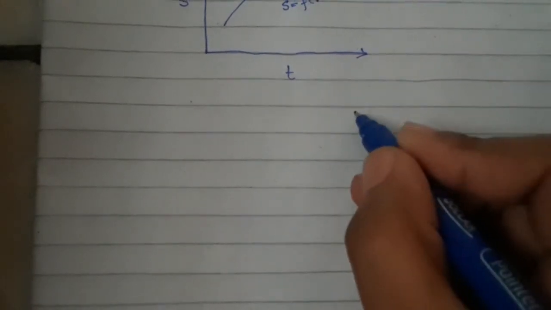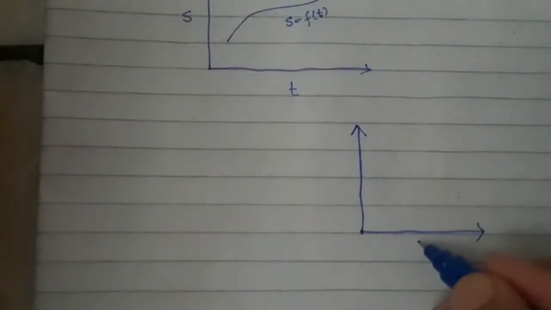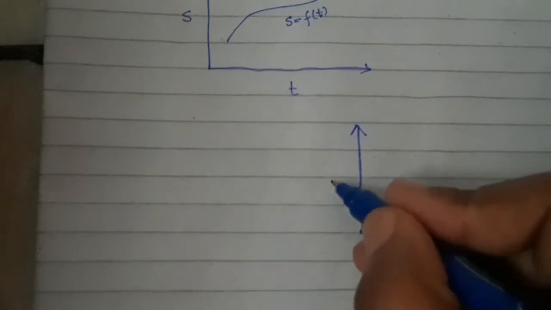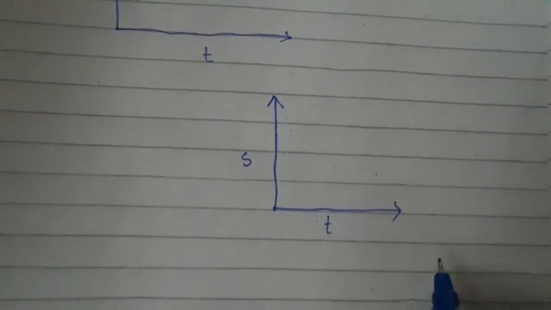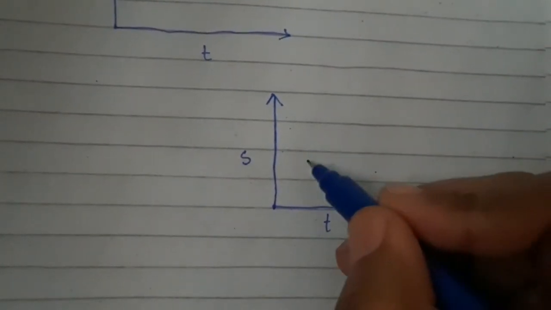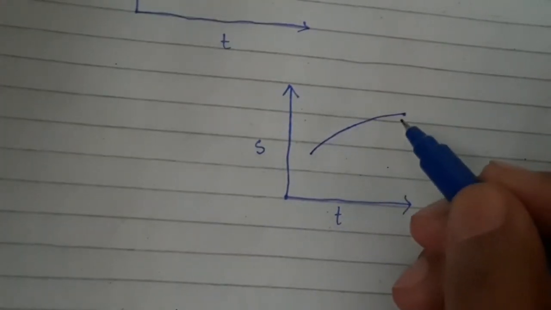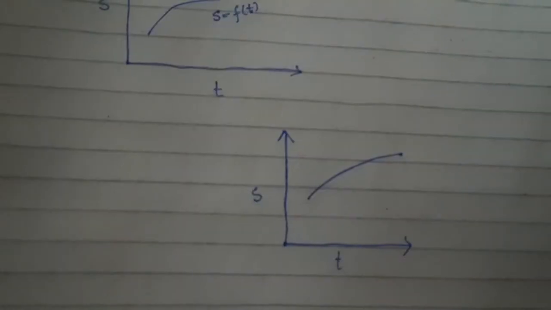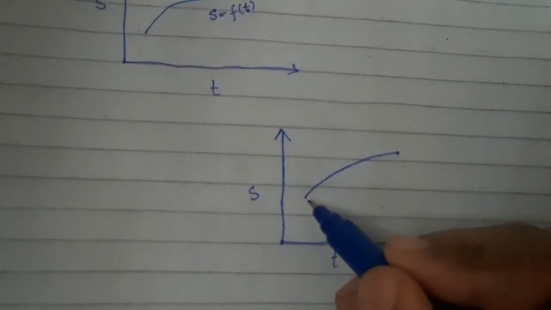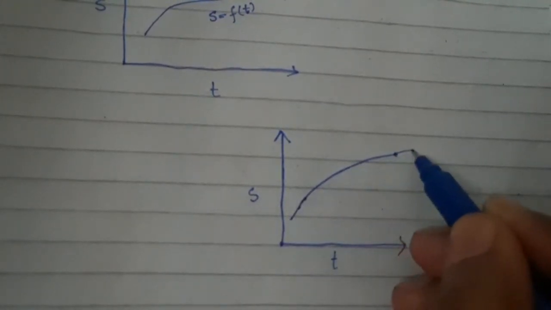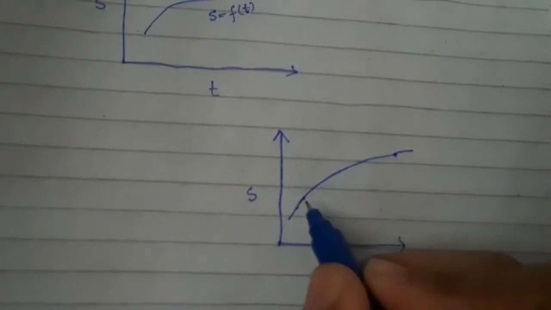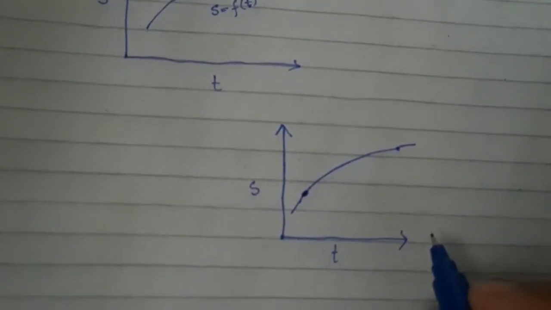Let me have another t-s coordinate system, time and s, which is the distance. Let me say that this is the curve which shows the motion of the car.